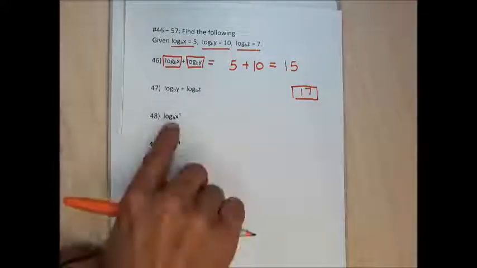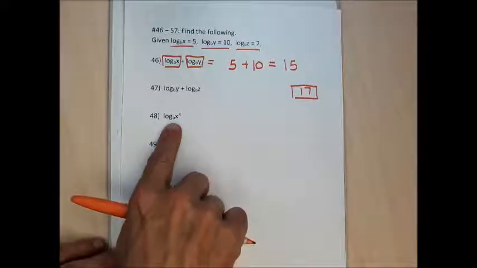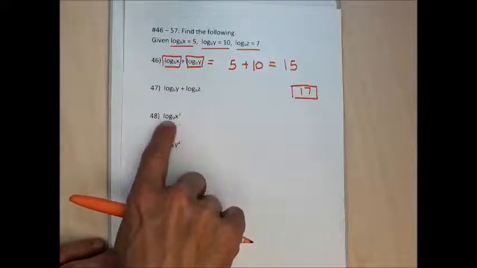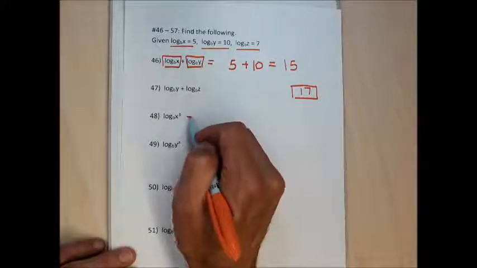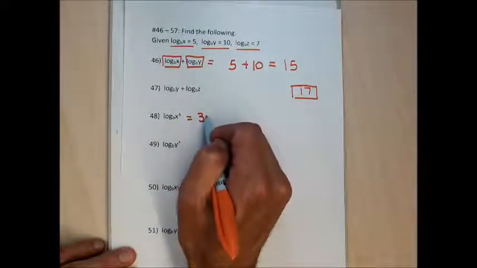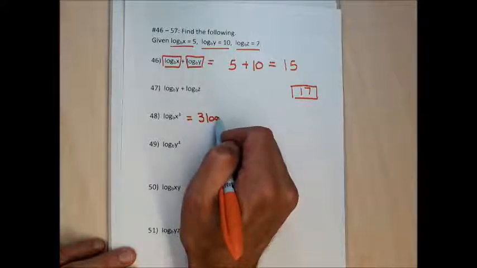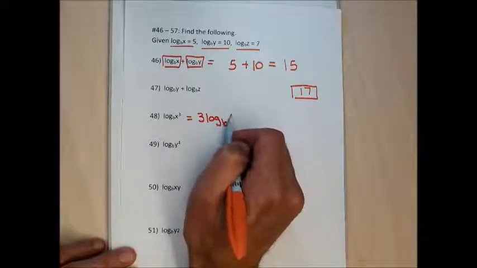In order to do problem 48, I'm going to need to rewrite the problem so that it doesn't have an exponent, because I don't know what the log base b of x cubed is. But using the rule of logarithms that allows me to drag the exponent and make it out in front of the logarithm will make this something I could compute.